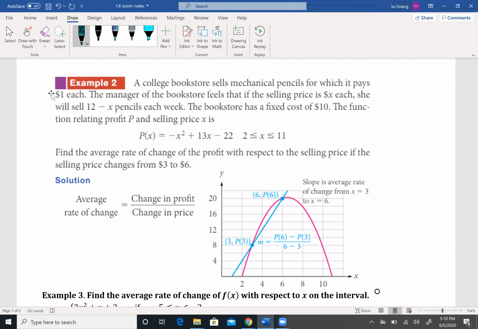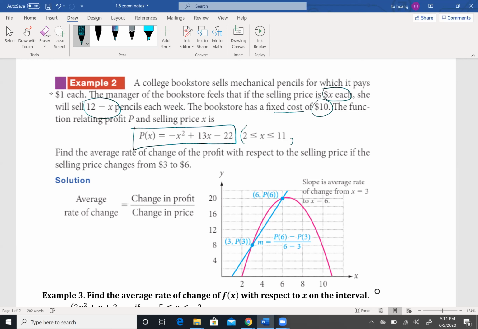The manager feels that if the selling price is x dollars each, she will sell 12 minus x pencils each week. The bookstore has a fixed cost of $10. The function relating profit P and selling price is P(x) equals negative x squared plus 13x minus 22, and the requirement for x is from 2 to 11, okay?